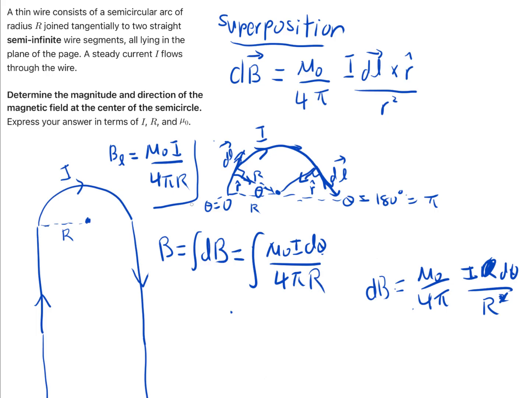And as we said earlier, we're integrating from theta equals 0 to theta equals pi. Since we're starting here, we add up this little bit and this little bit and this little bit, all the way up to this little bit here, the magnetic field from this little bit. And we have this expression now after plugging dB in.